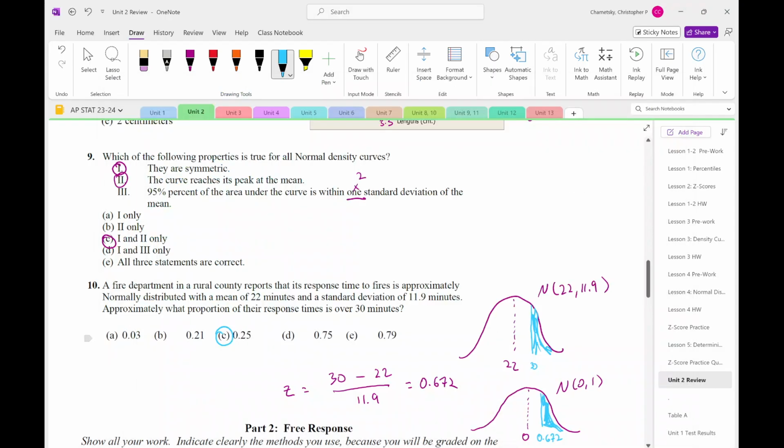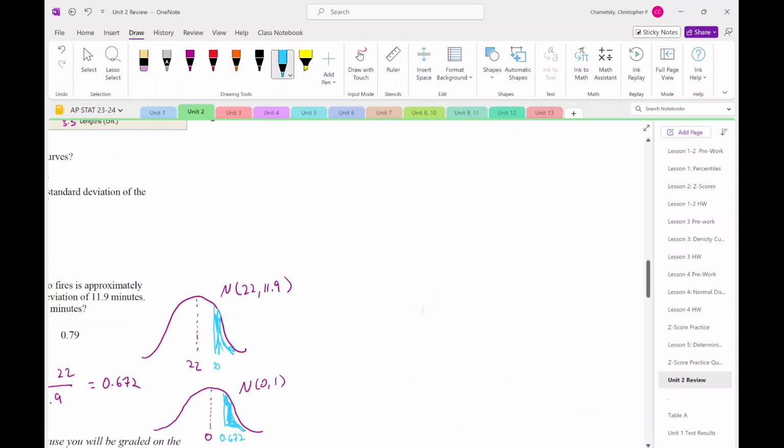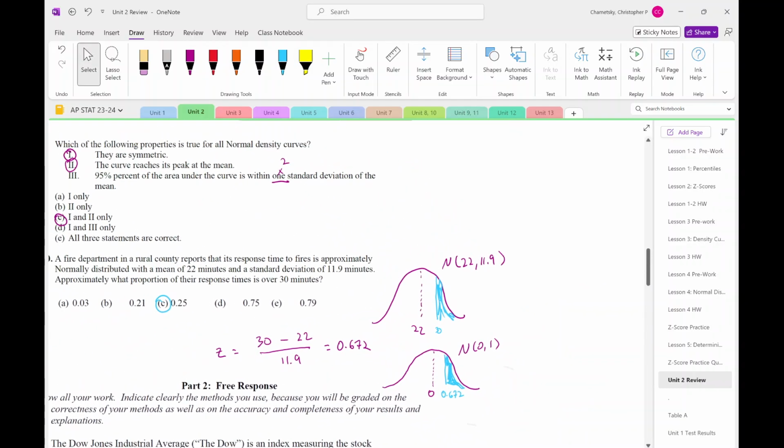which is answer C. The other way that we could have looked up values, we could have gone to table A and looked at a z-score of 0.672.